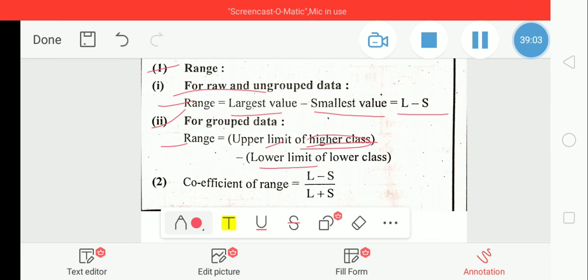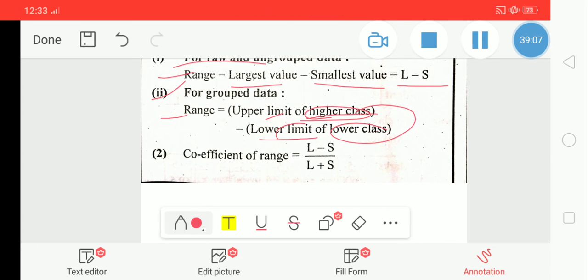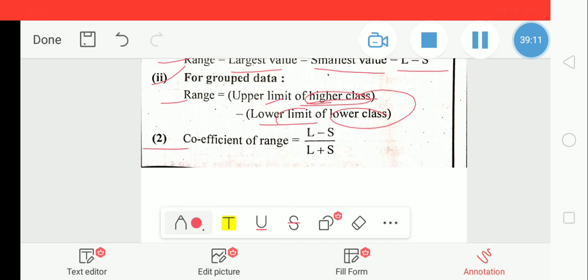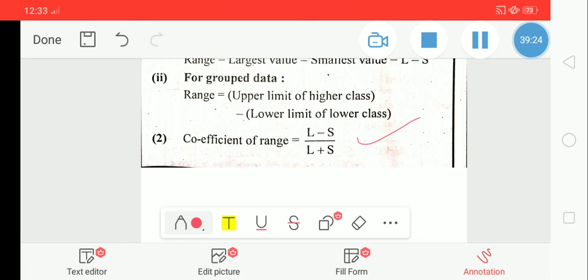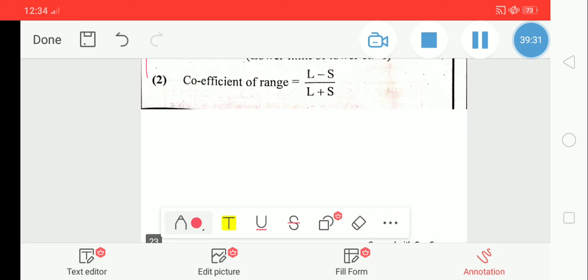So they give range of grouped data. Now we are finding coefficient of range. Coefficient of range means L minus S divided by L plus S. So they give coefficient of range. So in unit 4 lecture we are finding the range and coefficient of range also.